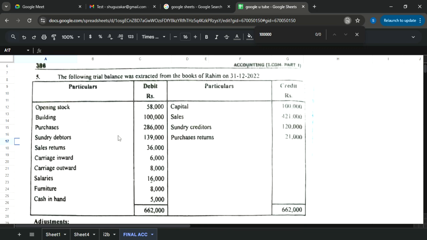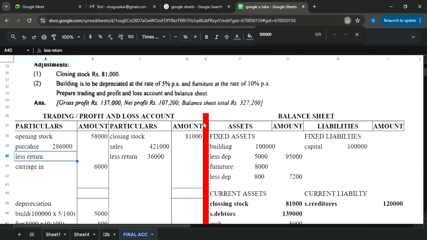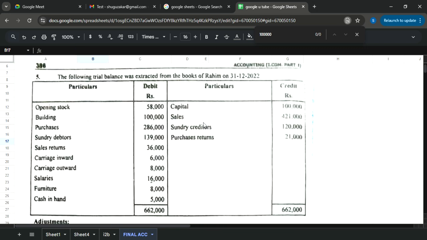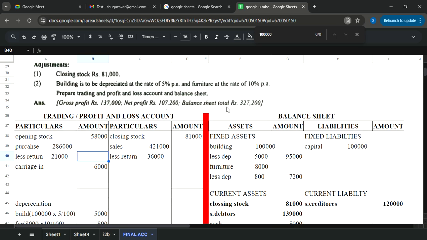Amount of purchase return is 21,000. Here you will write 21,000. So guys, every element on the credit side is also posted to the relevant place. Question has been completed. Our calculation would be started after it.